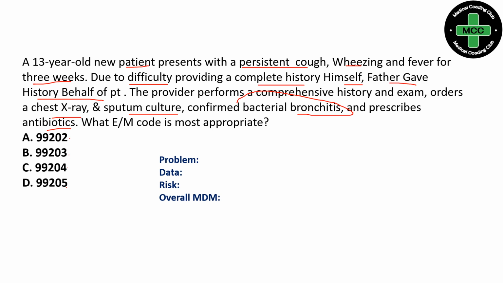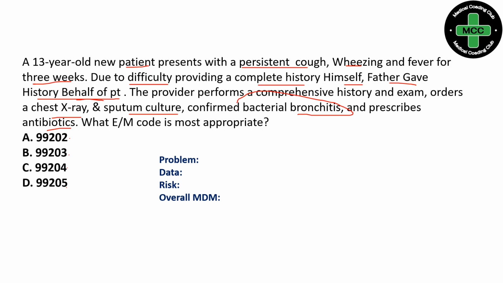So after that, if you see, due to difficulty providing complete history himself, the father gave the history. So here you should know that the father will be considered as an independent historian. Independent historian is nothing but the one who gives history other than the patient. Okay, so the father will be considered as an independent historian here, and it will credit to a data point.